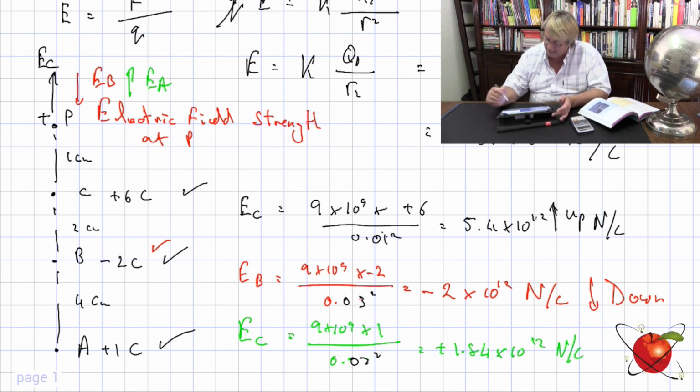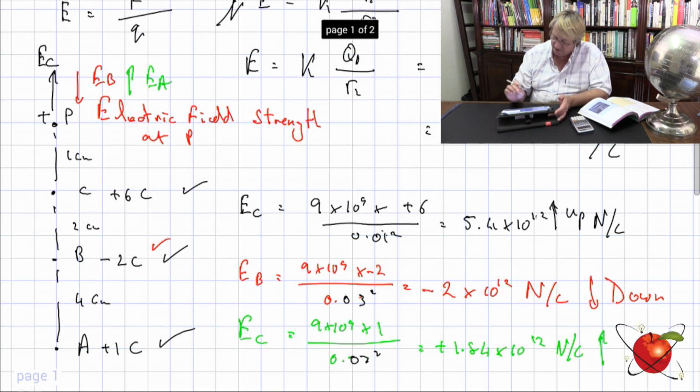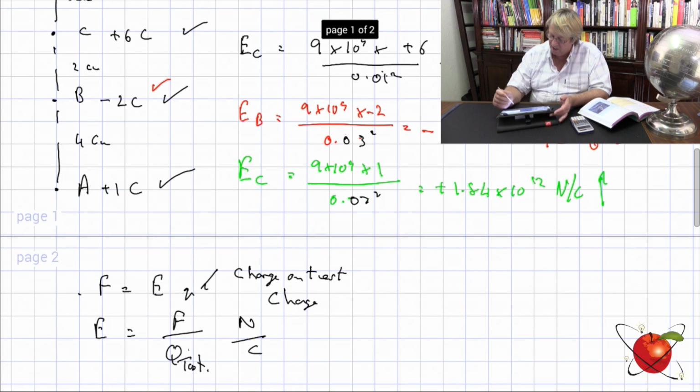And which way is she acting? It is up, positive, negative, whatever. How do we find out the resultant? Well, all we've got to do is add them together. Let's just go to black. So let's get our fields.